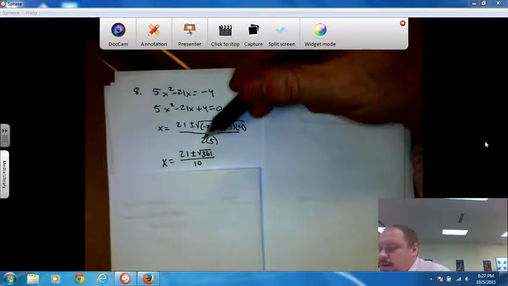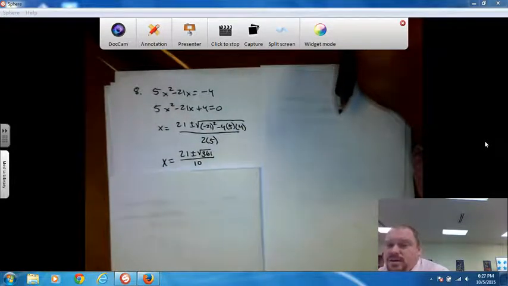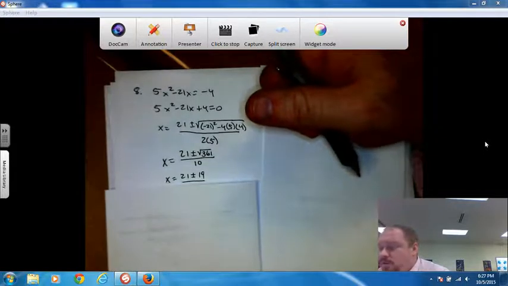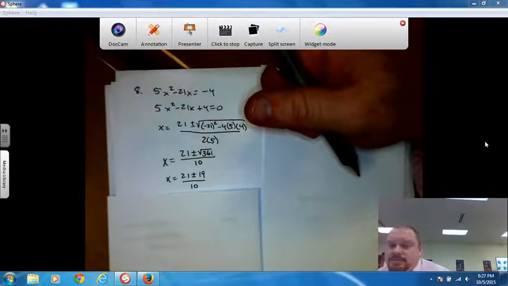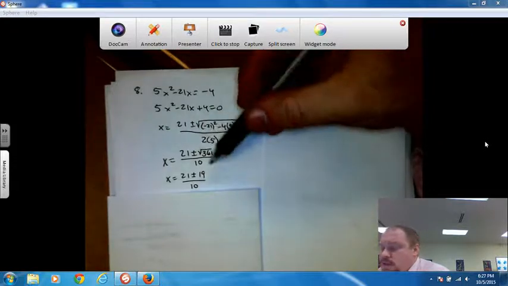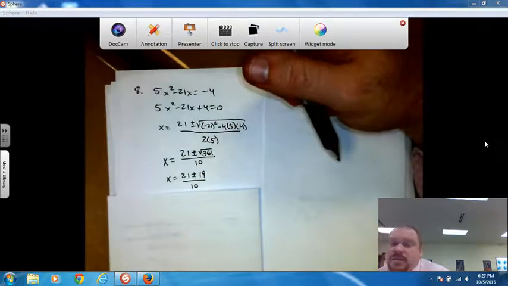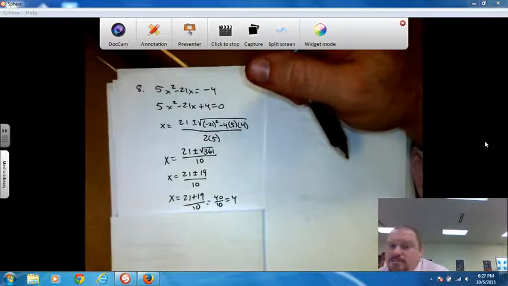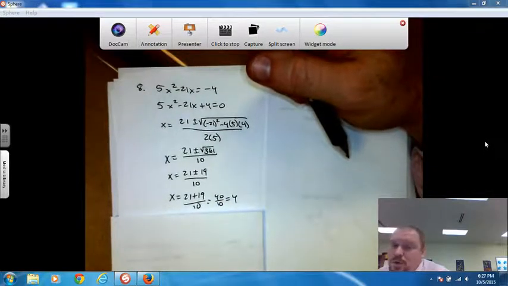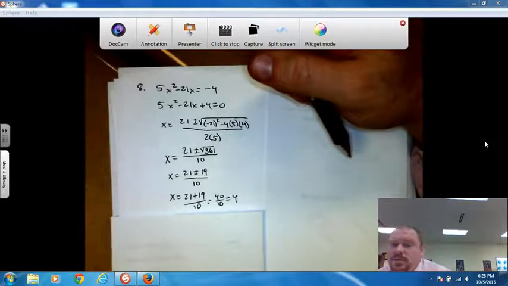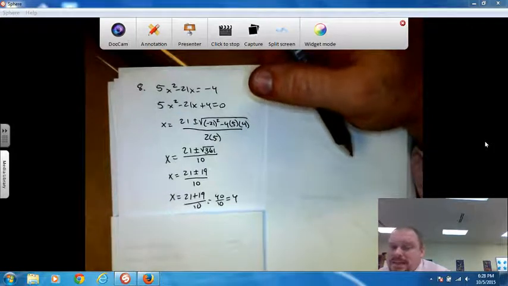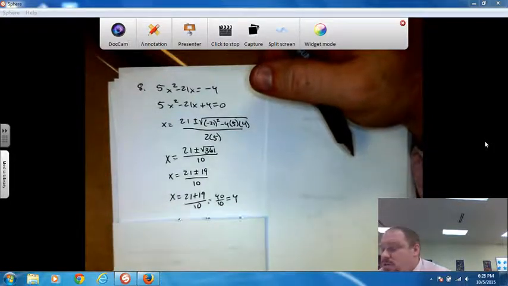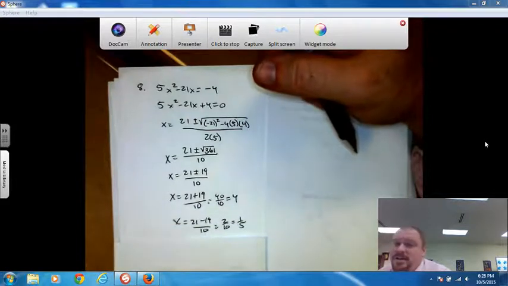Well, type 361 into your calculator, take the square root of it, and you'll find that that gives you 19. So you have to do 21 plus 19 divided by 10. Okay, that's 40. 40 divided by 10 is 4. Then you have to do minus. 21 minus 19 is 2. 2 divided by 10 is 1/5.